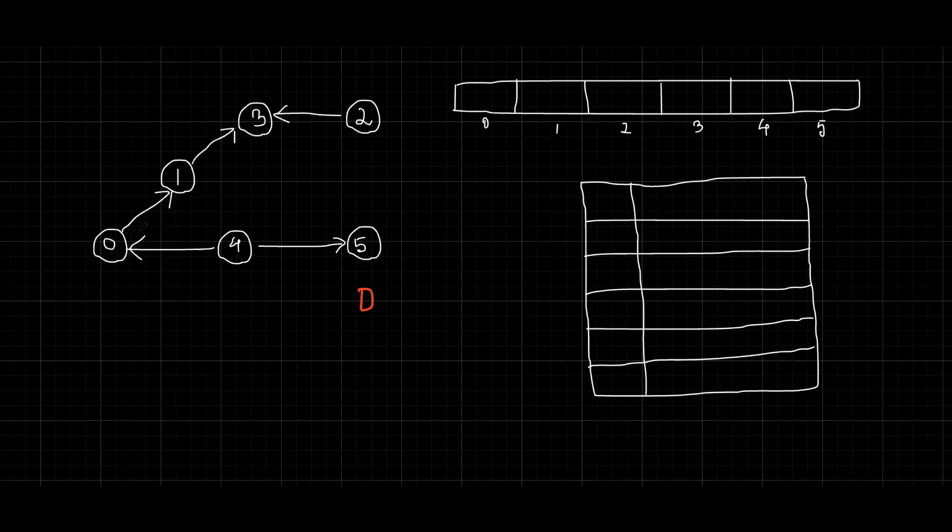We can see that if we reorder this edge from 1 to 0, this edge from 3 to 1, and this edge from 5 to 4, from any of the nodes we can reach the destination 0. So now the question is, how can we solve this problem?